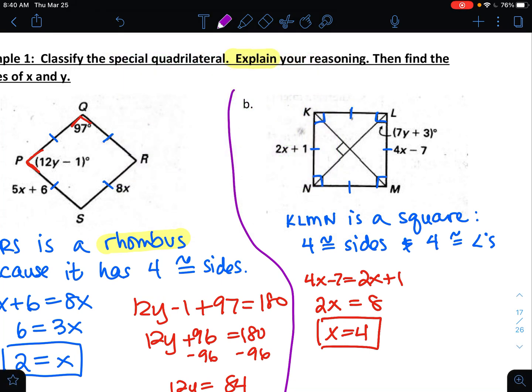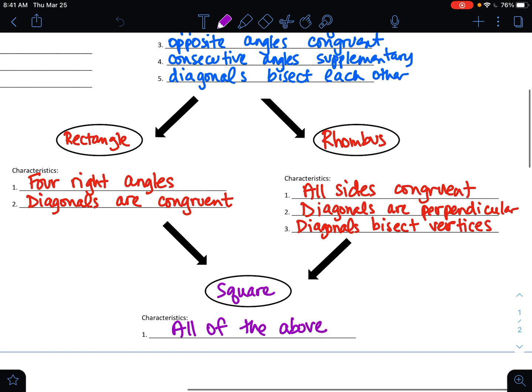And then for y, all right, 7y plus 3, this arrow is pointing right here at this angle. So I'm going to go back here to the properties. A square has all the above properties. I want you to focus your attention on this property right here: the diagonals in a rhombus bisect the vertices.